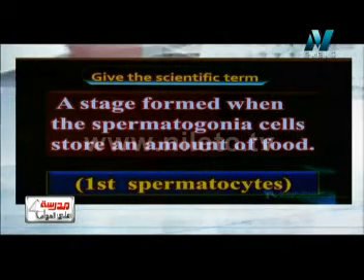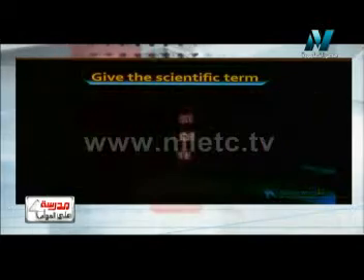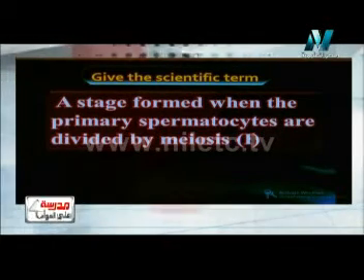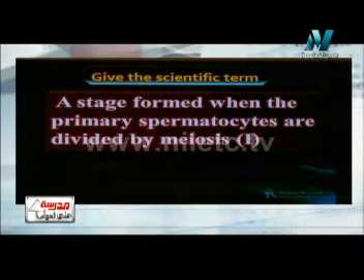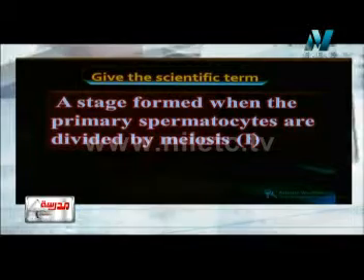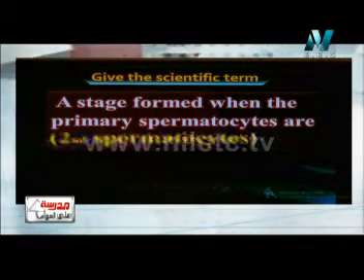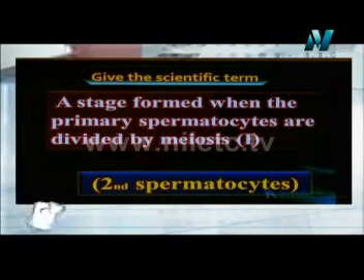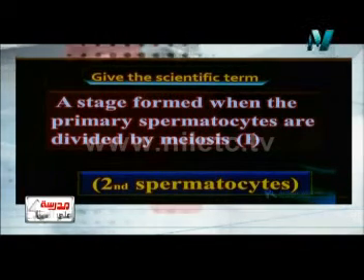The next question. The stage formed when the primary spermatocytes are divided by meiosis 1. If the primary spermatocytes divide by meiosis 1, that will form secondary spermatocytes. That is the maturation stage, where meiotic division takes place.